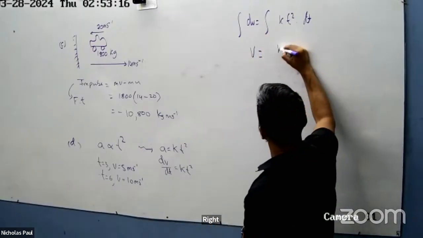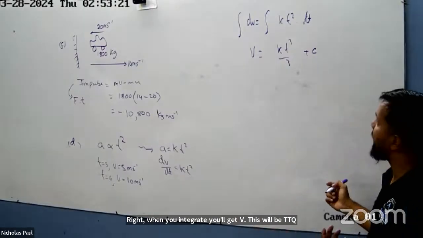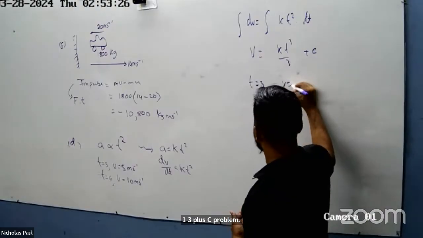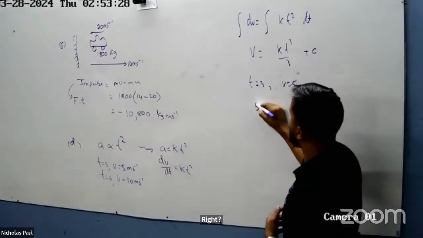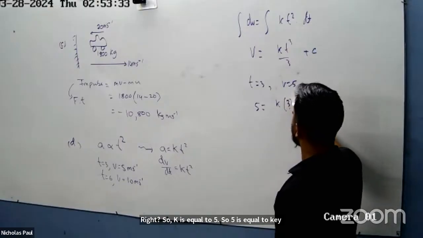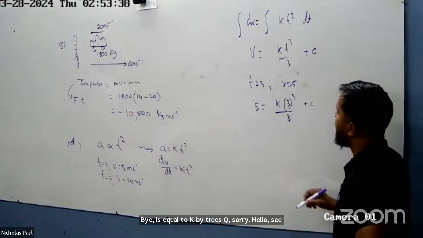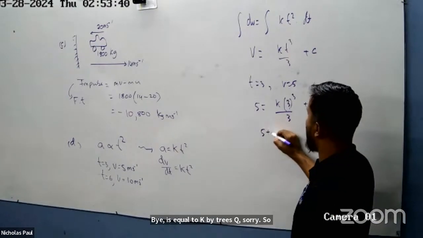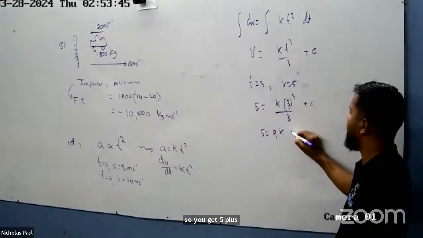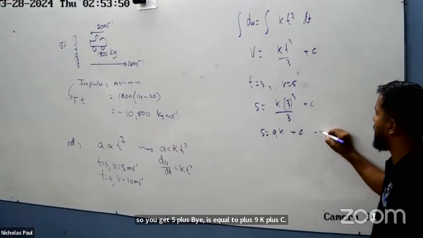The integral of this will be kt cubed on 3 plus C. Problem, we have to get rid of k and C. So when t is 3, v is equal to 5. So 5 is equal to k times 3 cubed over 3 plus C. That is your equation 1.